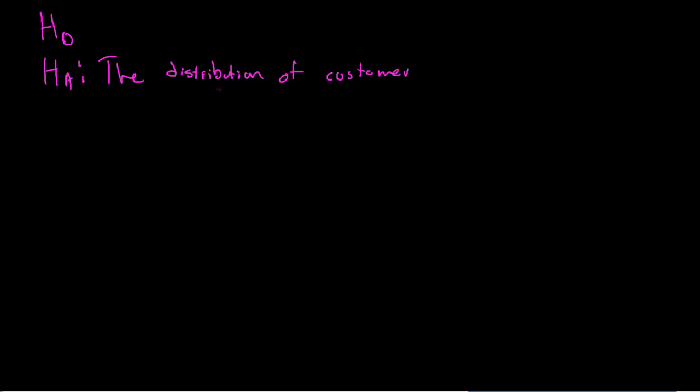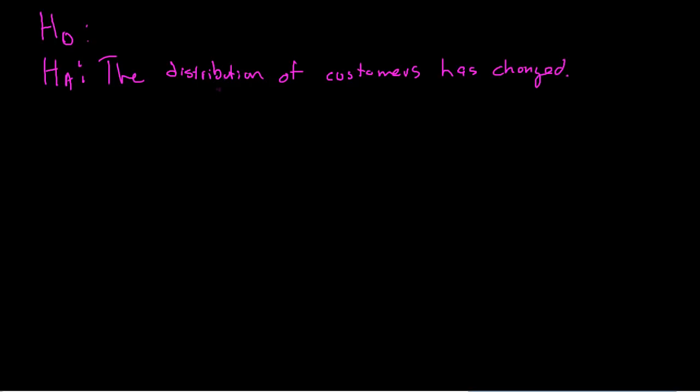So again, the question is going to help you with the null and the alternative, right? So the alternative is what we're wondering. Has it changed? So the distribution, oh boy, I'm having a really hard time today, spelling and everything. The distribution of customers has changed.